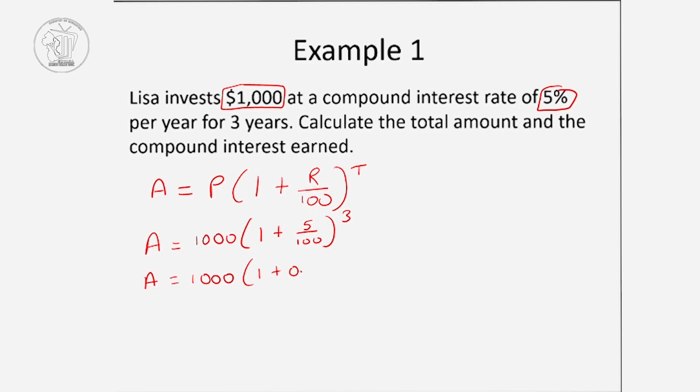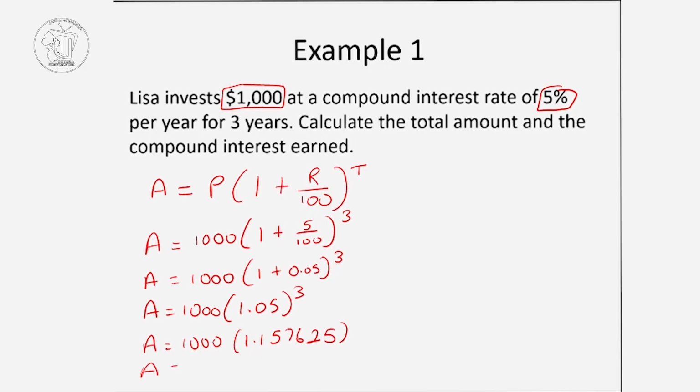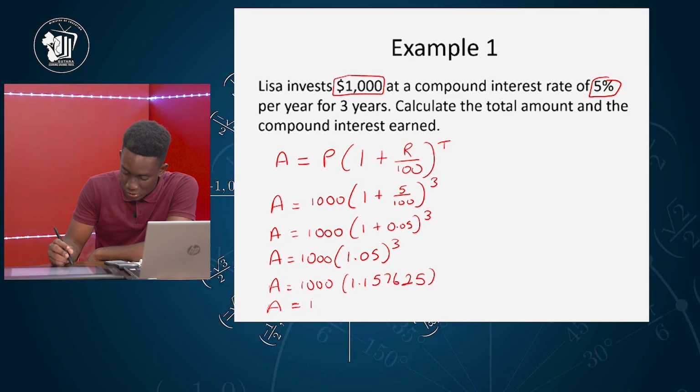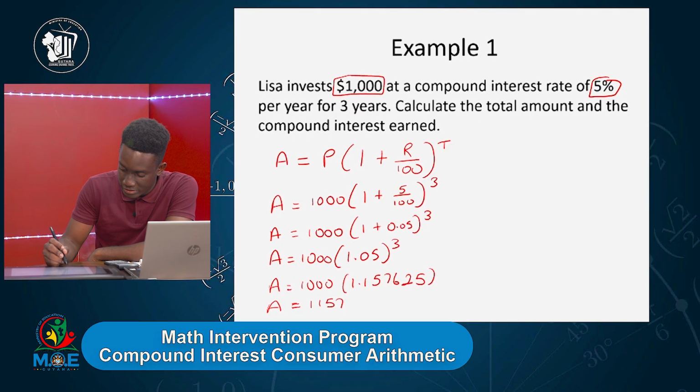So 1 plus 0.05 gives 1.05, all raised to the third power. 1.05 raised to the third power gives 1.15765, and when we multiply these two, we get approximately $1,157.63.